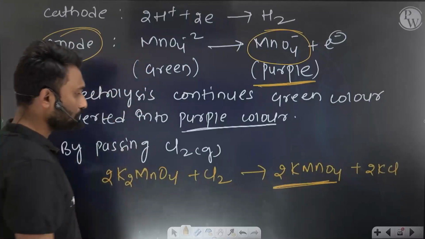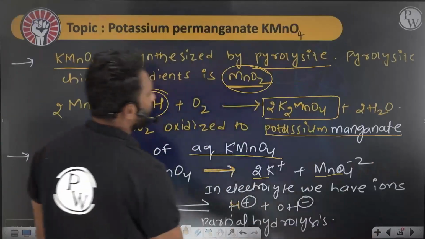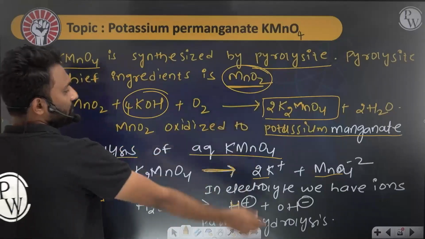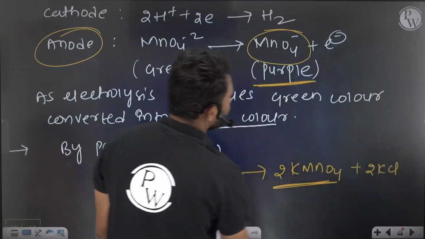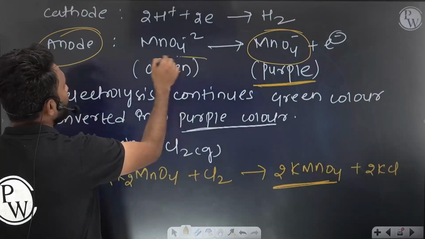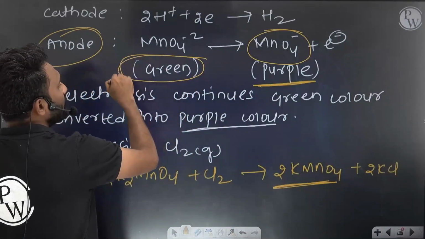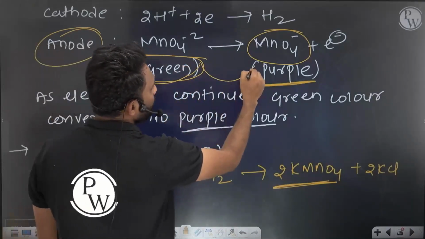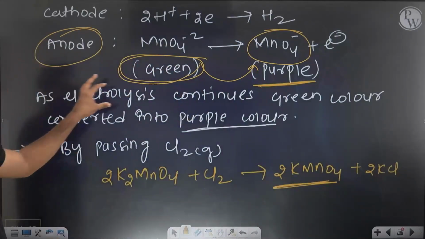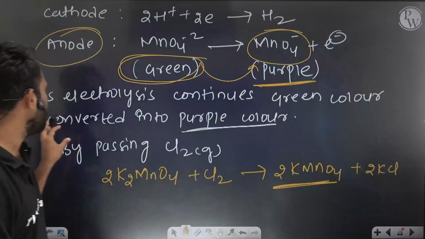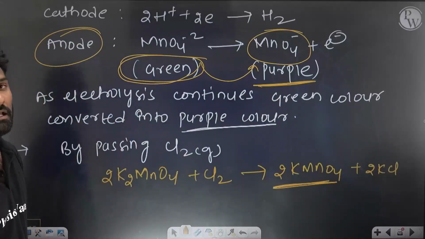Here potassium manganate, which is green in color, is converted into potassium permanganate. At the anode this green color converts into the purple color of potassium permanganate. Look here, as the electrolysis continues, green color is converted into purple color.